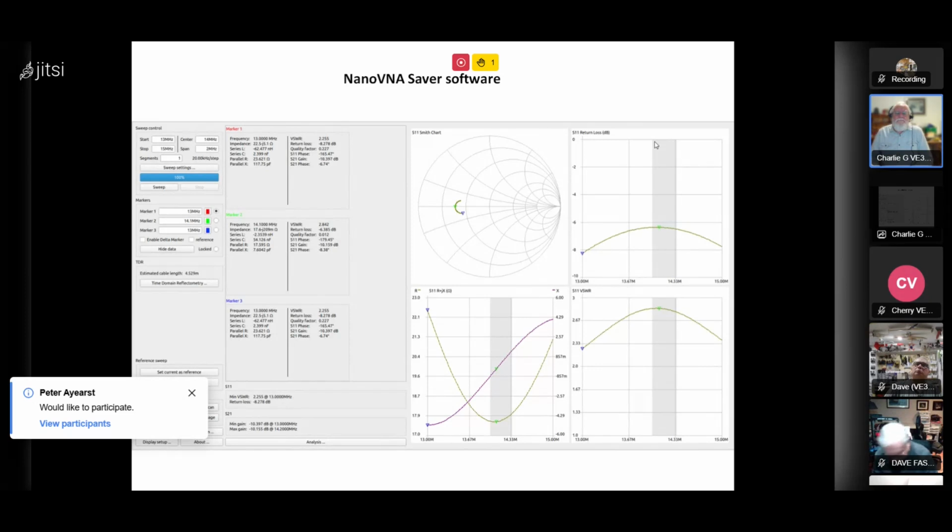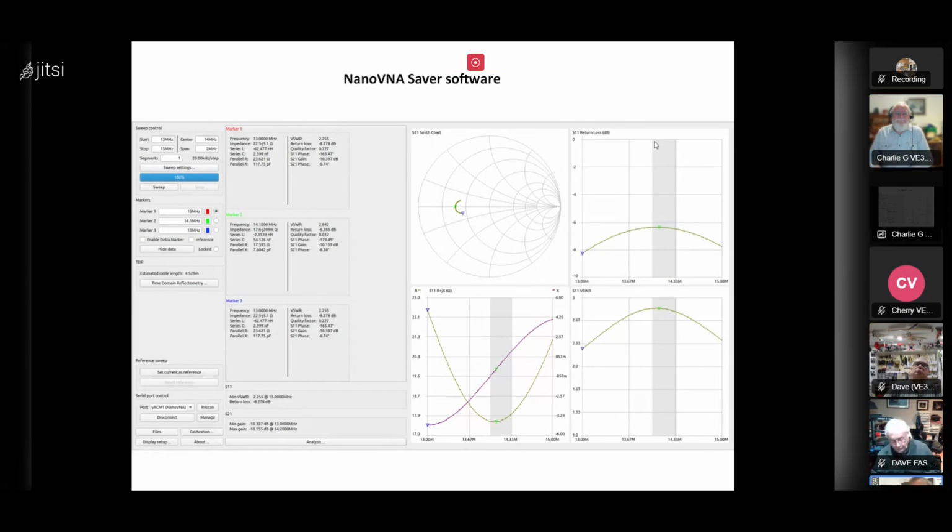Go ahead. Charlie, does the software cover off every function that's in the hardware itself? I believe so. Now, I haven't made a career of going through everything that's going on. The things that I want to do are certainly in the NanoVNA Saver software. Is there other software out there besides Saver?